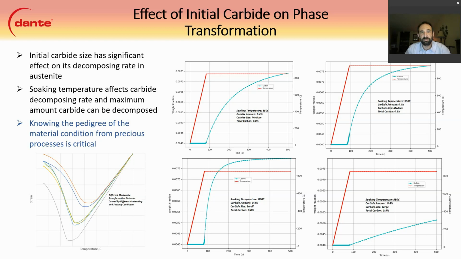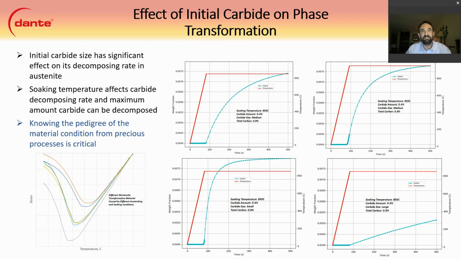So we can see that small carbides dissolve very quickly and totally, whereas the medium size almost dissolve completely and dissolve at a slower rate, and the large ones dissolve at a very slow rate and don't even come close to fully dissolving. The figure on the top right is a medium-sized carbide, 0.8% total carbon, just like the figure on the left. However, it is a soaking temperature of 950 C instead of 850 C, and we can see that we dissolve a little bit more, a little bit quicker.